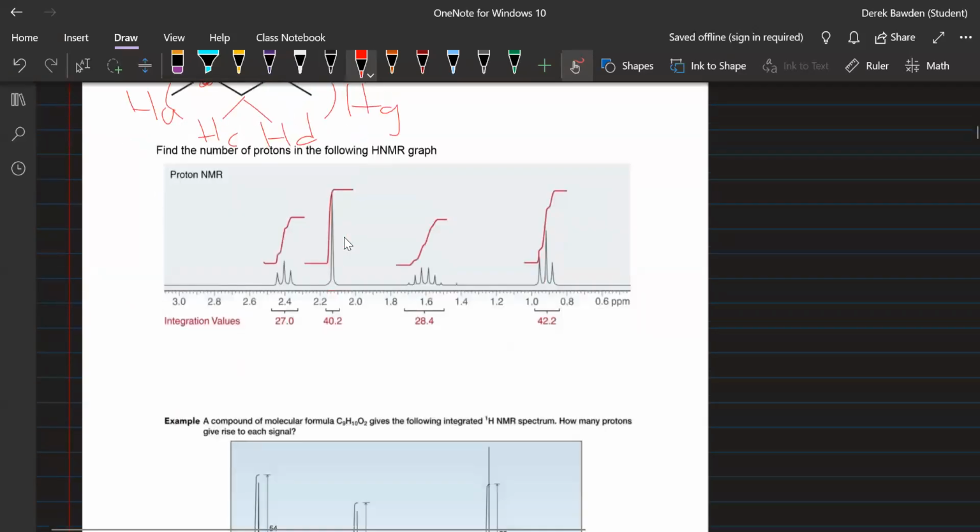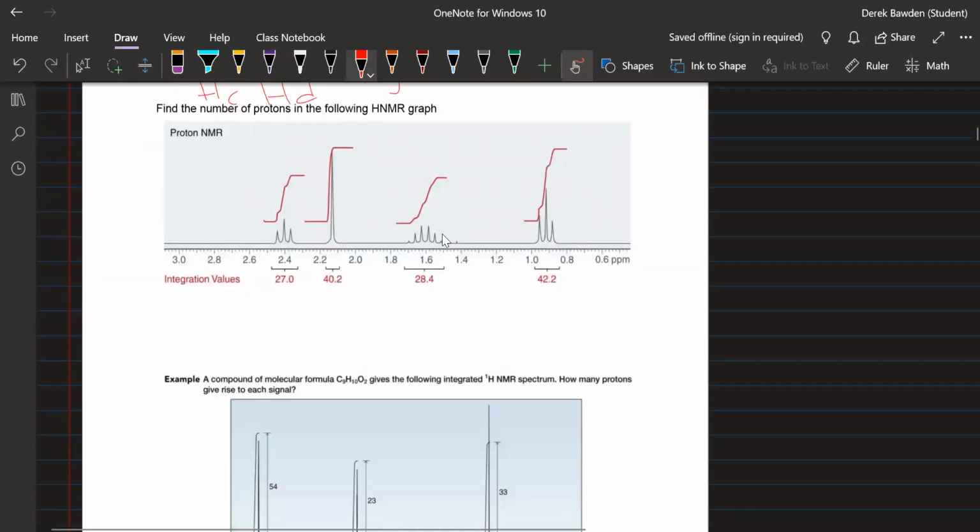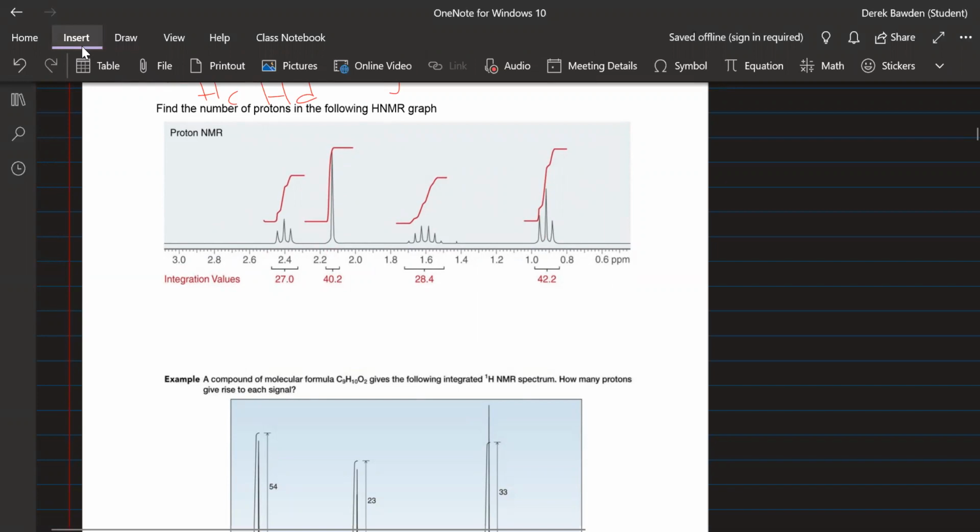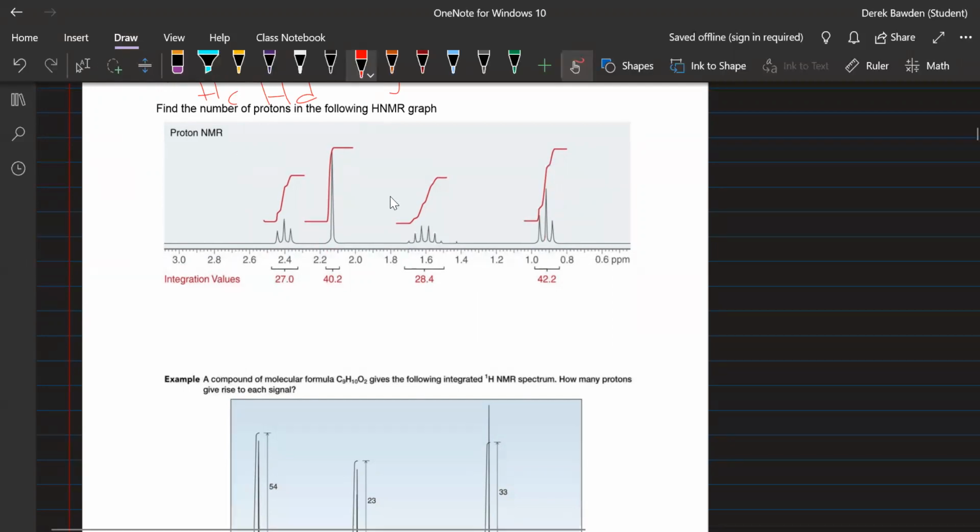Okay. So we're going to determine the number of protons in the following H NMR graph. I wonder if I can insert a table. No, I'll just draw it. This is what I was talking about with the integral values. This is going to tell us how many hydrogens are represented by each of the peaks.